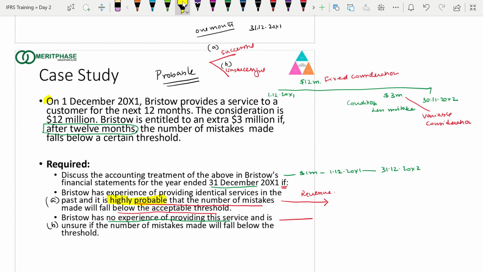It also says the identical service, not the same service. Bristow has experience of providing the identical service in the past. We cannot provide the same service for every customer. Every customer's specifications will be different, but identical services.